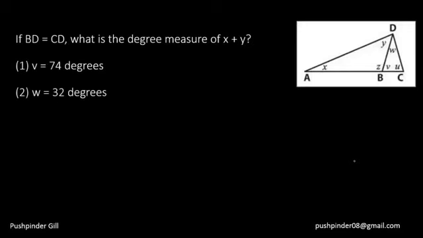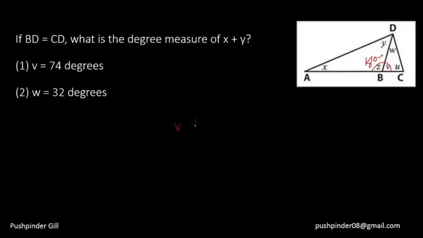Now, if BD is equal to CD, what is the value of x plus y? Now, I just need to know the value of x plus y. Now, if this is V, this is going to be 180 minus V, isn't it? Because the sum of angles in a straight line is always 180 degrees.